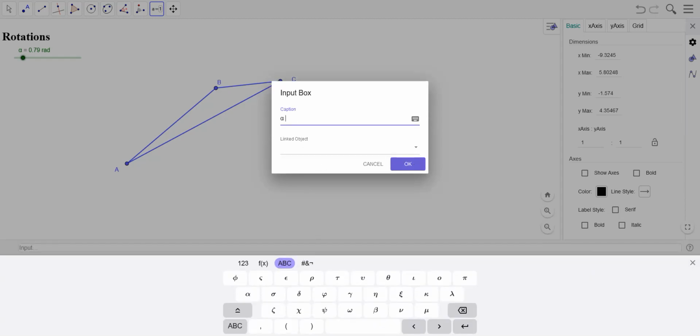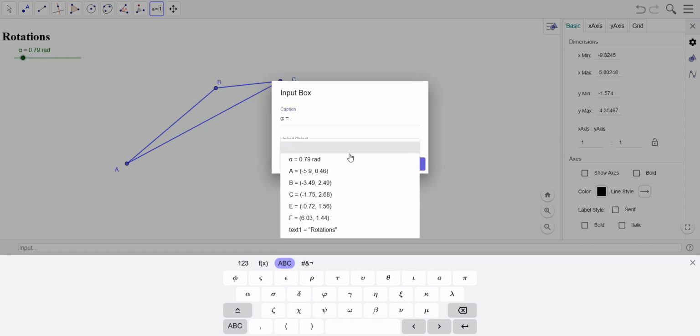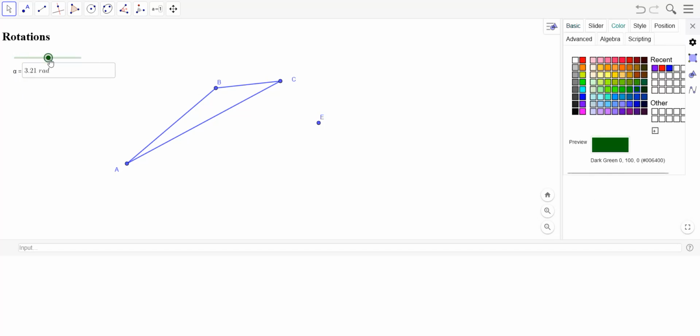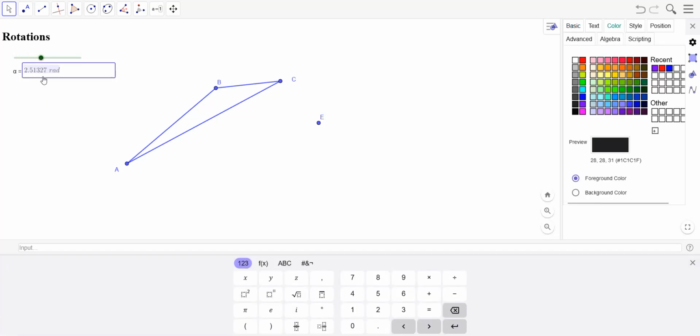Alpha equals, and link it to alpha like that. So now, in fact, you don't need the label up here anymore. So now this slides and changes what's in that box, or in the box you can just enter it in like 1 radian if you want, or one degree. Take away the degree, it's 1 radian.